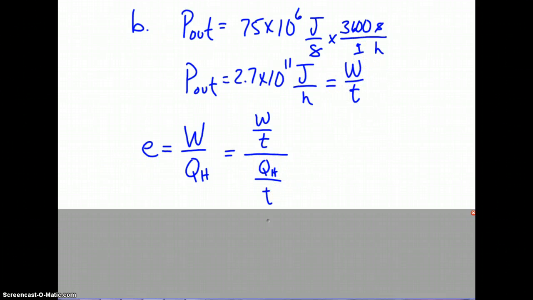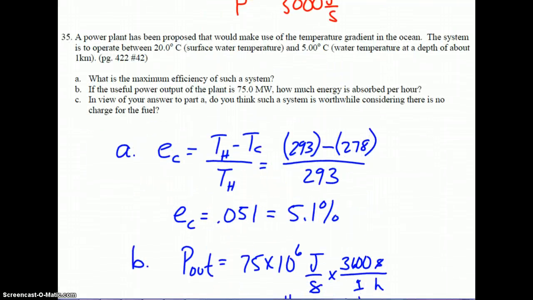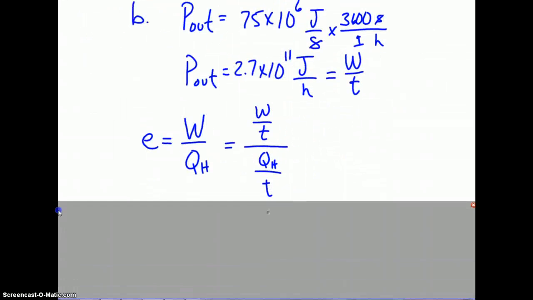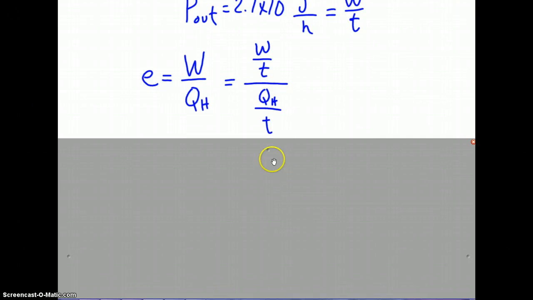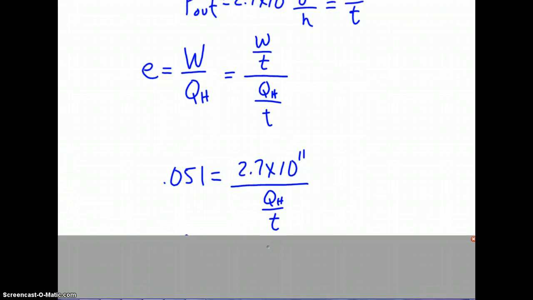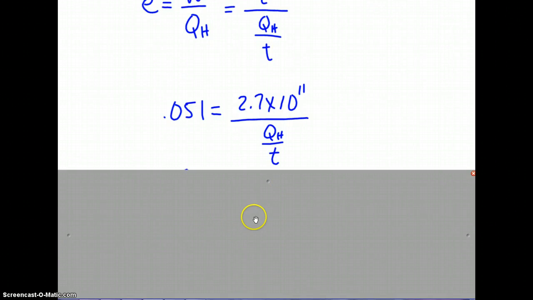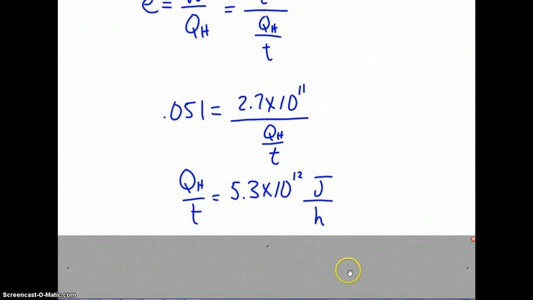And if we go back up here, they want how much energy is absorbed per hour. So they want us to solve for QH over T. We know the efficiency, we know the work done per hour. Go ahead and substitute, and we find QH over T to be 5.3 times 10 to the 12th joules per hour.